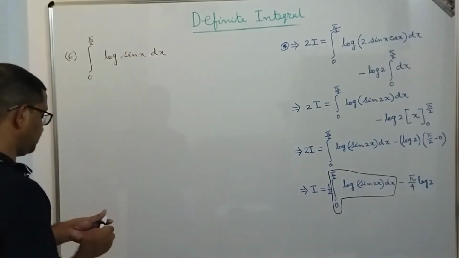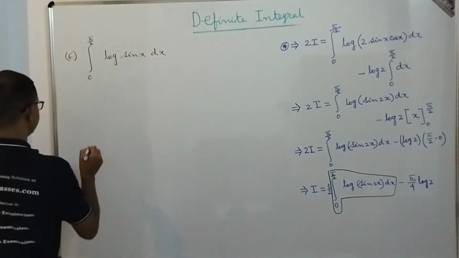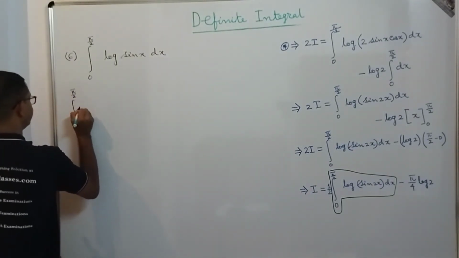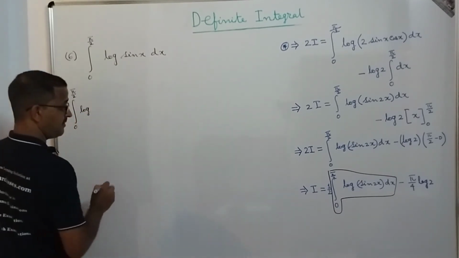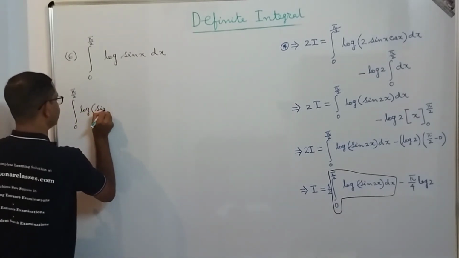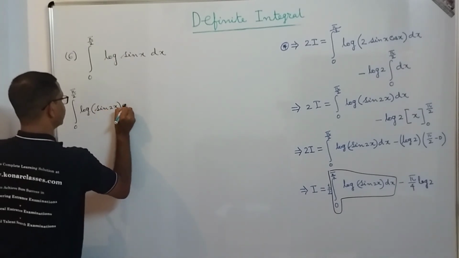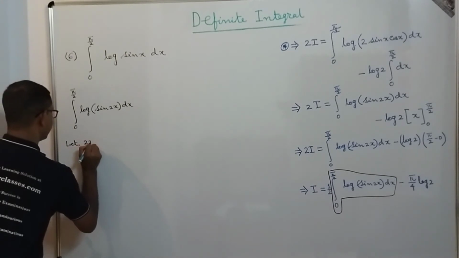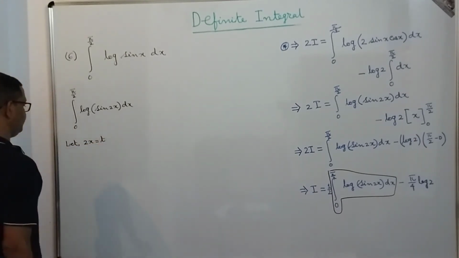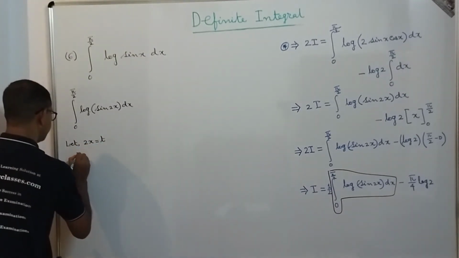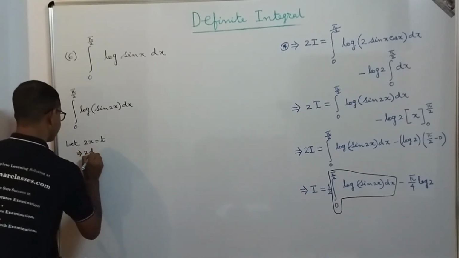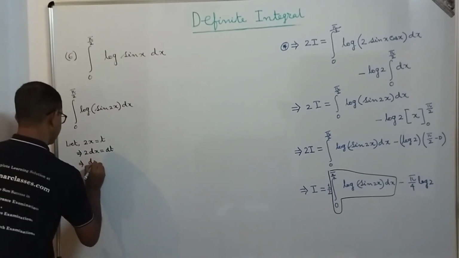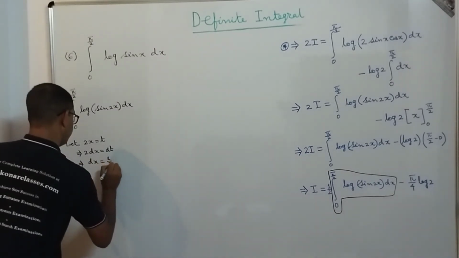The integral from 0 to pi by 2 of log sin 2x dx. Let 2x be equal to t. That means 2 dx is equal to dt, which implies dx is equal to 1 by 2 dt.